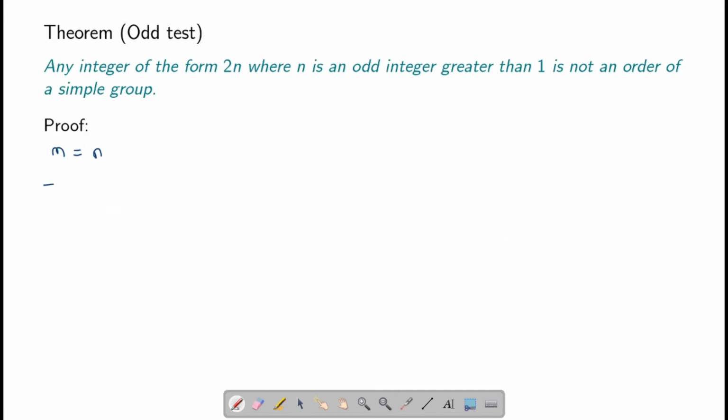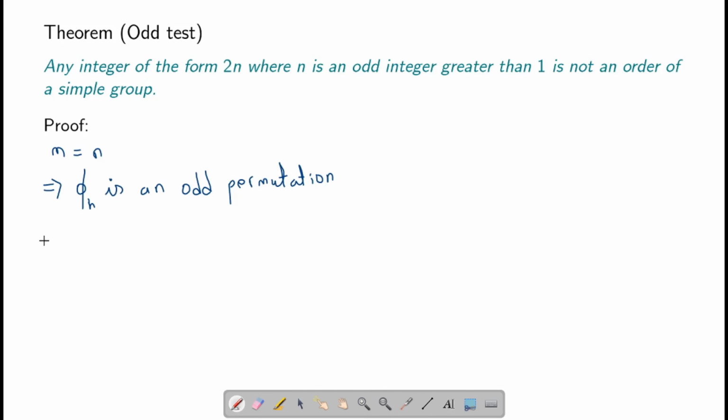This means that φ_h is an odd permutation, as n is odd.